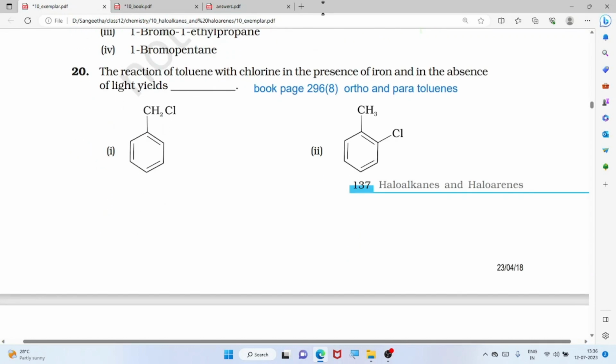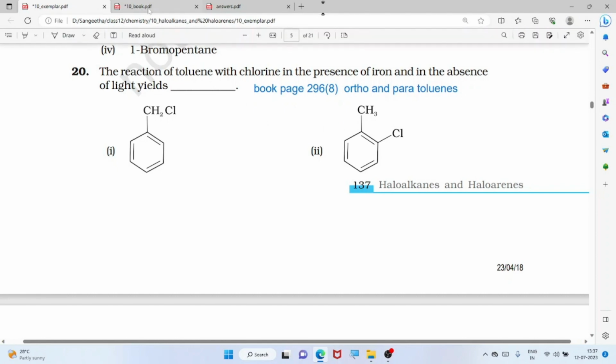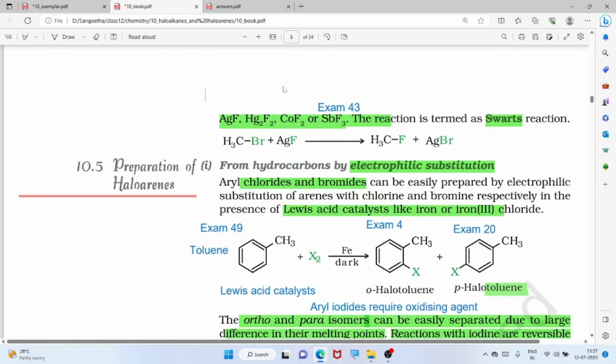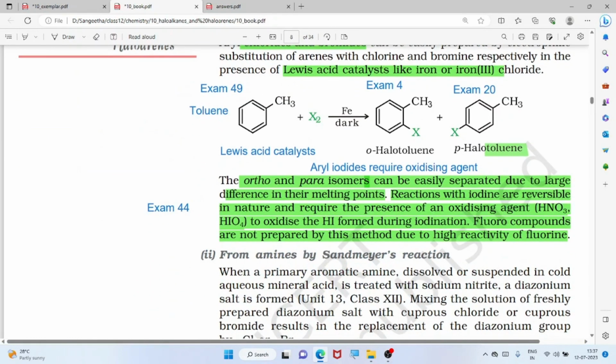The reaction of toluene with chlorine in the presence of iron and in the absence of light yields, so this is the toluene.